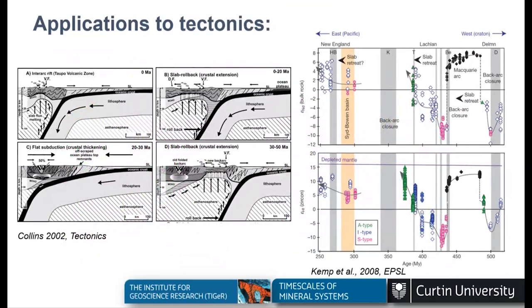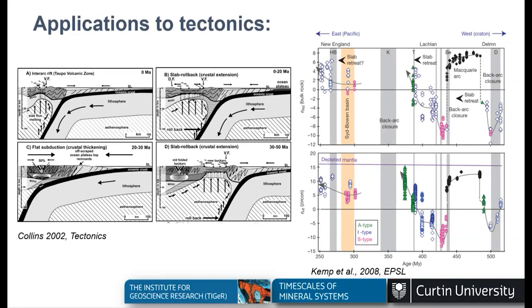But we can also use it to say something about tectonic processes, right? Based on the geology and geochronology, Bill Collins proposed this idea of tectonic switching, right? Whereas, at a given subduction margin, we might get periods of extension and compression at different periods in time, depending on the dynamics of the buoyancy of the subducting slab.